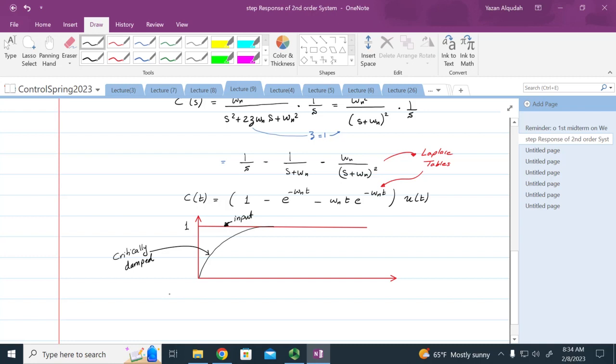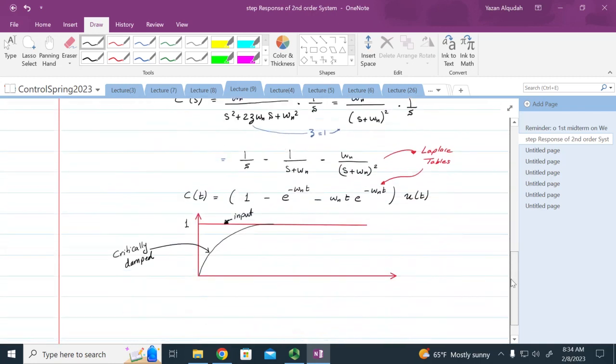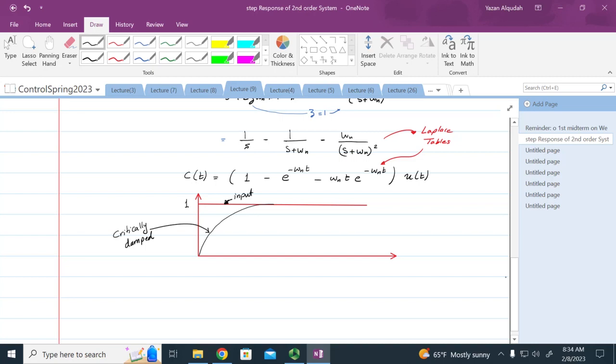Okay. Now if I look at this response, and I look at the response of the overdamped, what do I notice? They have the same shape at least. How do I differentiate one from the other? The slope, yes, and the rate at which they rise. So if I have one curve, I'm not going to be able to tell whether it is critically damped or overdamped.